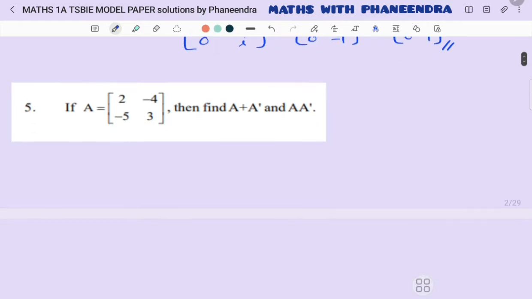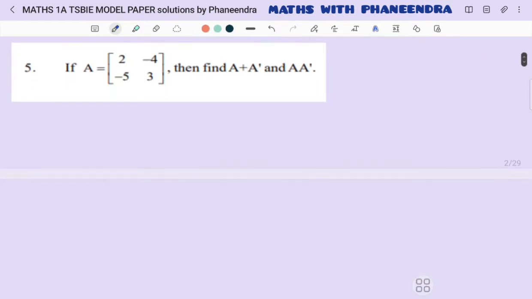We'll move to the question number 5. In this question number 5, given matrix A equal to [2, minus 4; minus 5, 3]. In this question, A plus A transpose and A into A transpose.